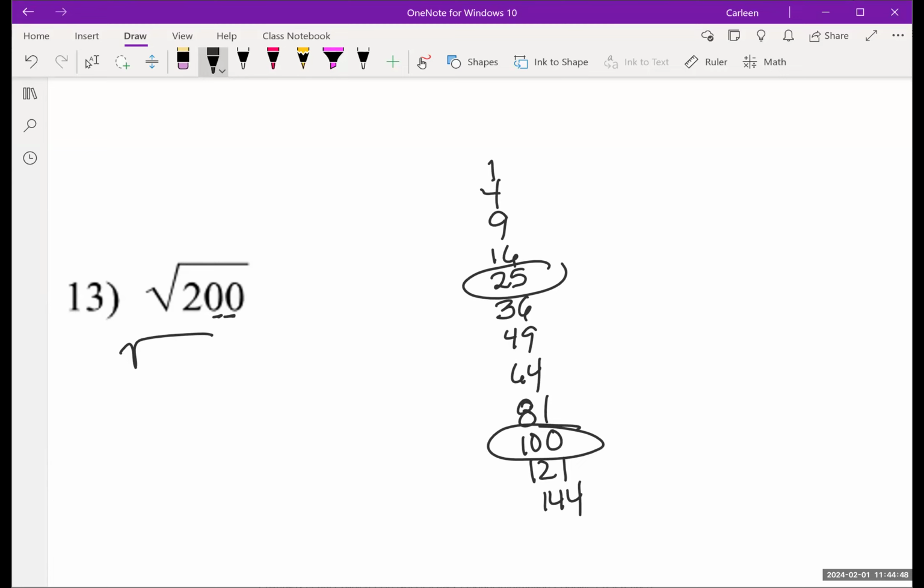So we're going to split it into the biggest perfect square and the leftovers. What is the square root of 100? All right, 10 square root 2.